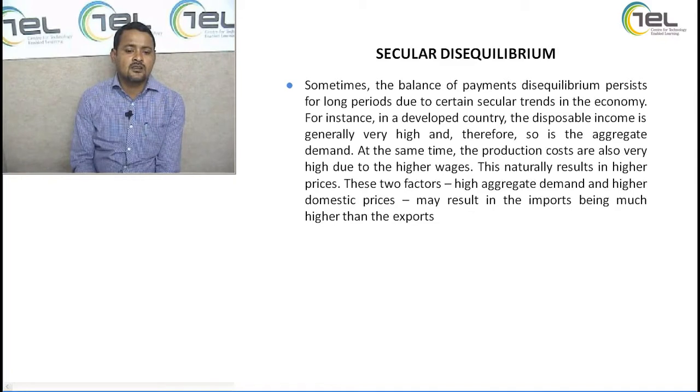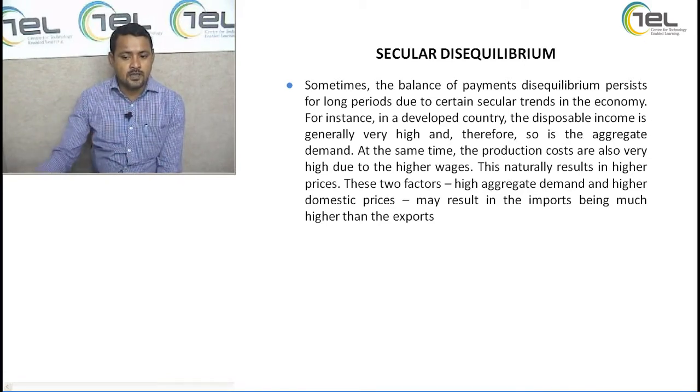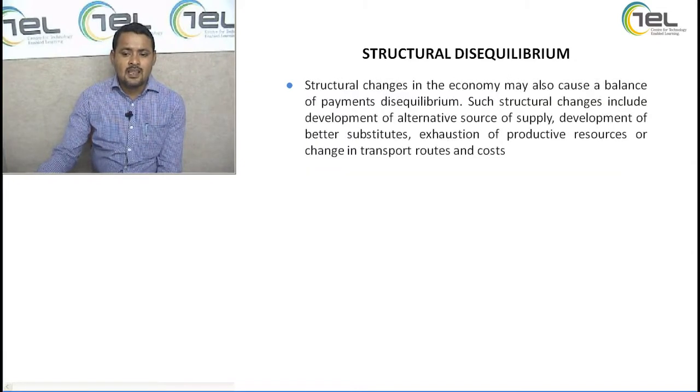At the same time, because of higher wages, the production of goods and services becomes more and more costly. This naturally results in higher prices. These two factors, high aggregate demand and very high domestic prices, result in imports being given more importance than exports. That's why there is secular disequilibrium.